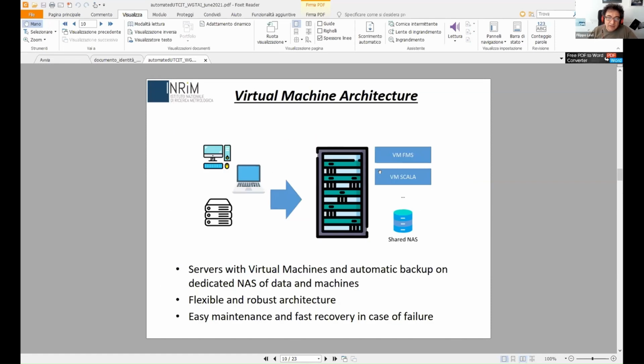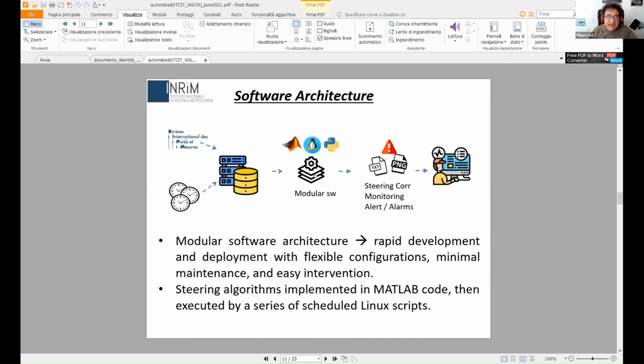Okay, then the software architecture. We kept the architecture of the software as modular as possible, in such a way that if we have to change one module of the system, it's easier and we don't have to redo all the software.